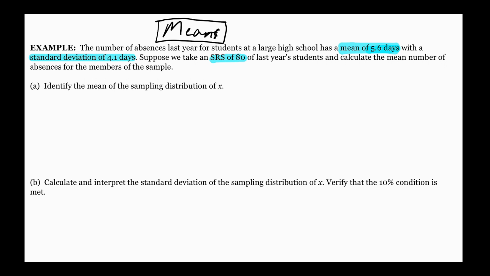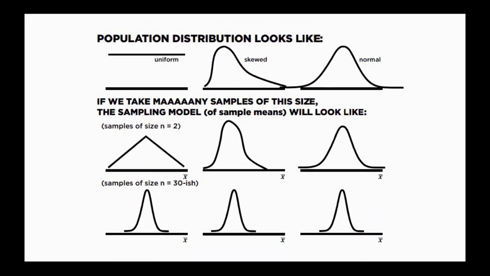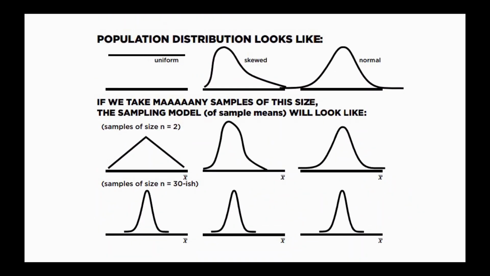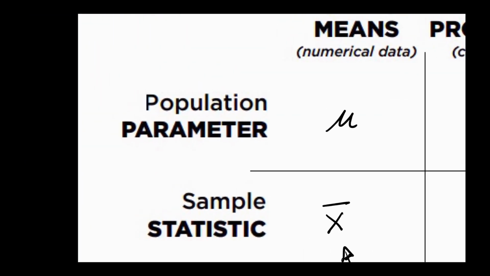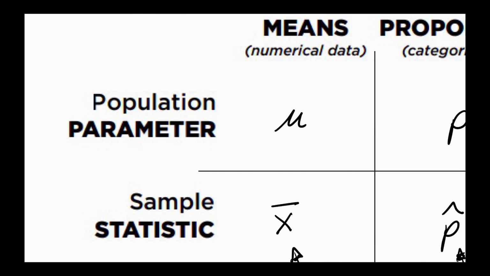So we're going to use two letters. Anytime we're using these two symbols here, mu and x bar, those are the only two symbols we're using for these. So since it's a population, we're going to give it this symbol here. Okay, so I'm going to label that.